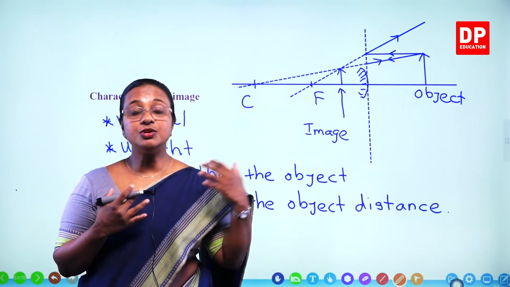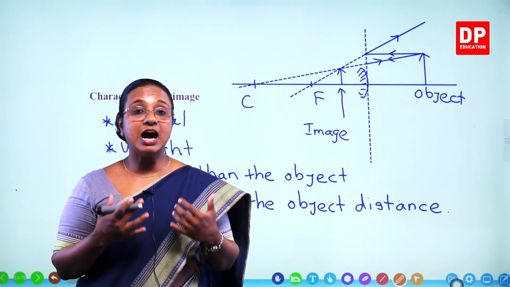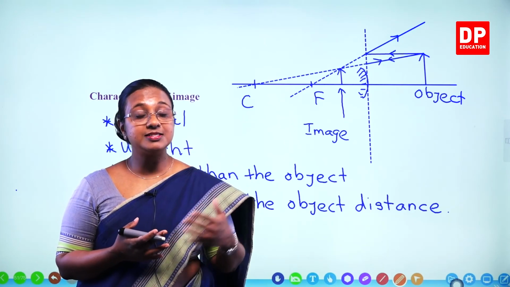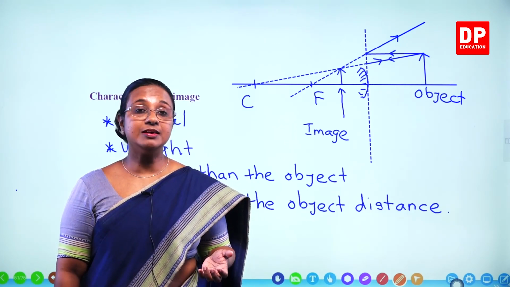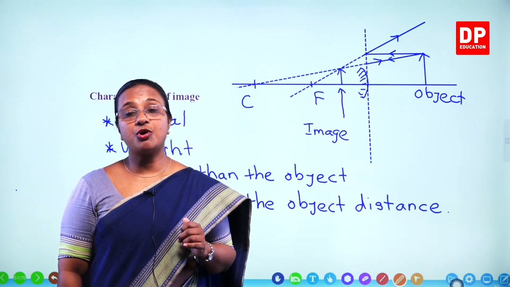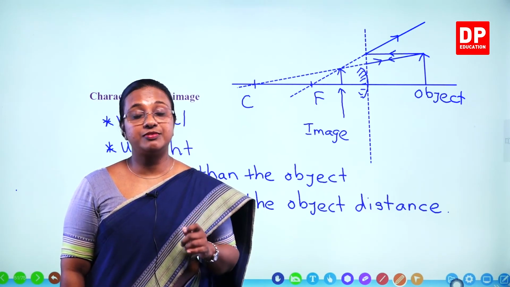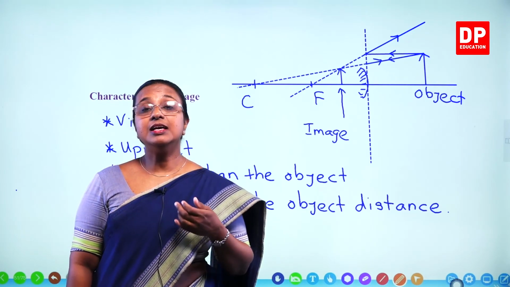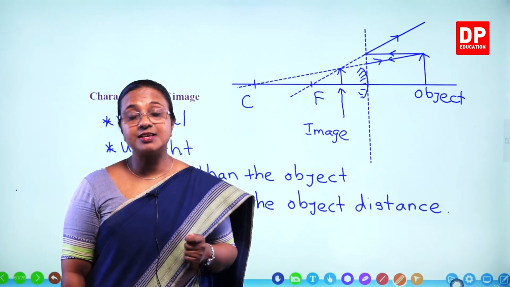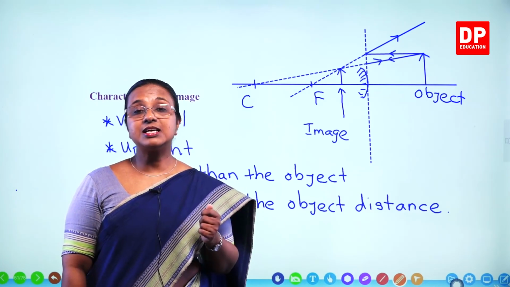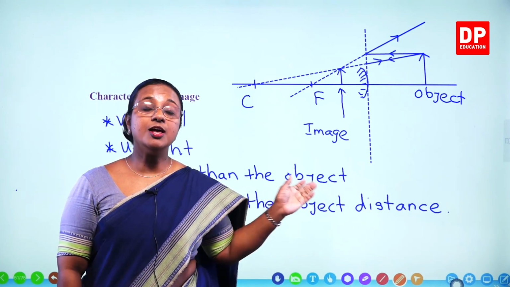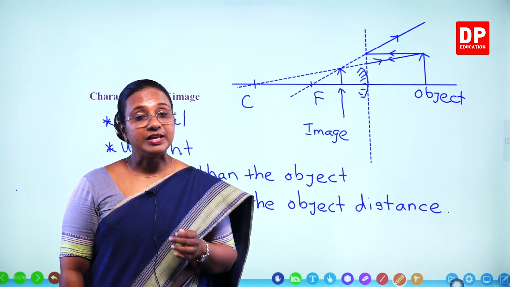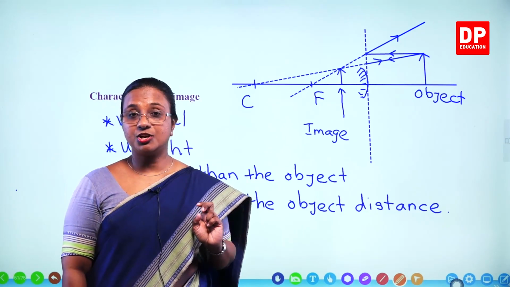And you were able to observe and understand how different types of images with different characteristics are formed by the concave mirror, and you know how to draw ray diagrams for those different types of images. And now we have discussed the image formed by convex mirrors. And along the discussion, I have discussed with you all where we use these two different types of mirrors. So with that, we finish this discussion on mirrors.